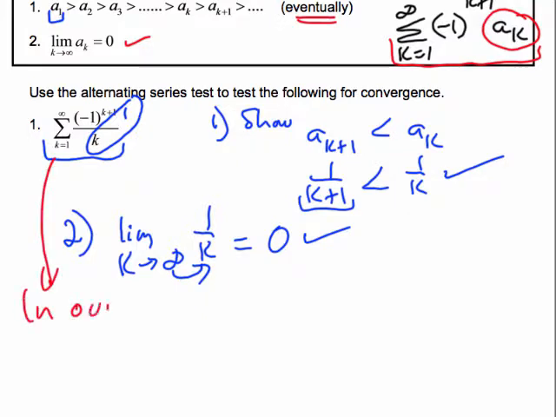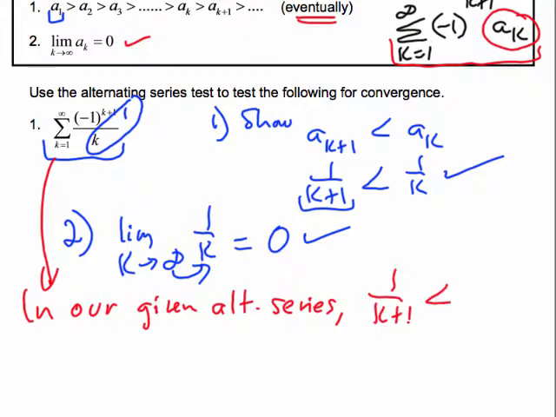In our given alternating series, okay, so we need to acknowledge that it's an alternating series. 1 over k plus 1 is less than 1 over k for all k greater than or equal to 1, that is. And that's what we need because it's what our index is.